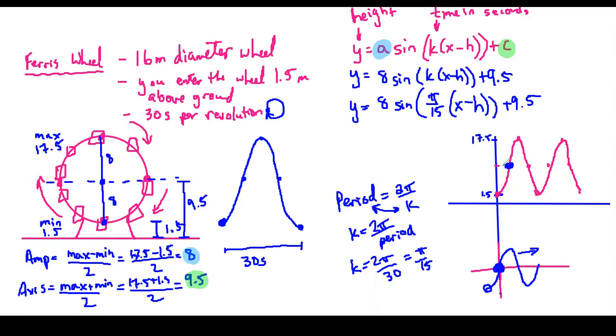It does not have to do with the 30 seconds at all. When we're looking at our sine wave, what we want to do is get our initial value over on the x-axis. Okay, so we're going to shift our initial sine wave just a little bit. And the way that we're going to do that in terms of shifting our sine wave is we need to know where the initial points are.